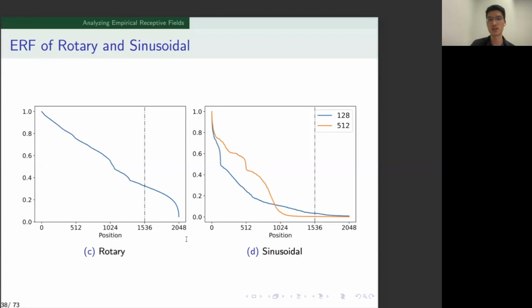And I also apply the same analysis tool to some existing positional embedding methods. They're called rotary and sinusoidal. We've seen sinusoidal before. And the interesting thing is that these 2 positional embeddings actually look at a lot of previous tokens, because as the curve shows here, the tokens here still contribute around from 0.3 to 1.0.